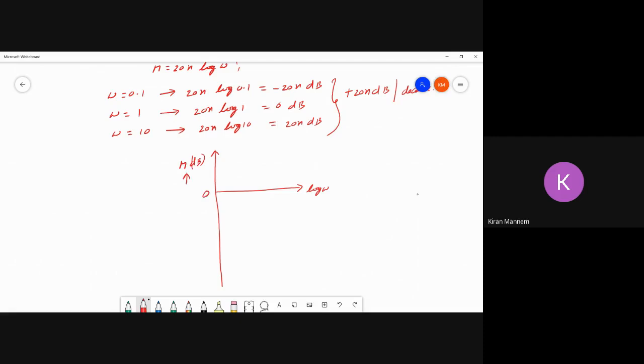Assume this is a 0 dB line, that is 20 and 40, minus 20. I hope that's enough, minus 40. And then you draw one more axis. This is phase angle in degrees. Assume this is a 0 degree line and it is plus 90, so minus 90.